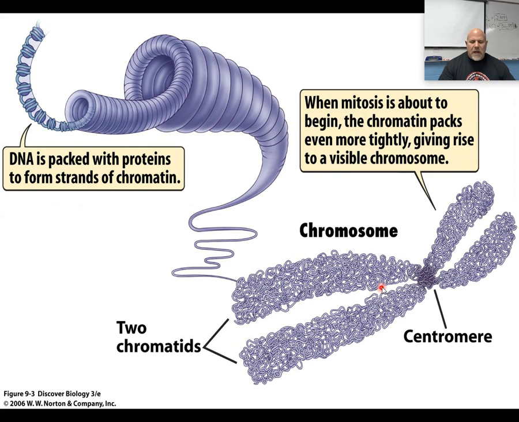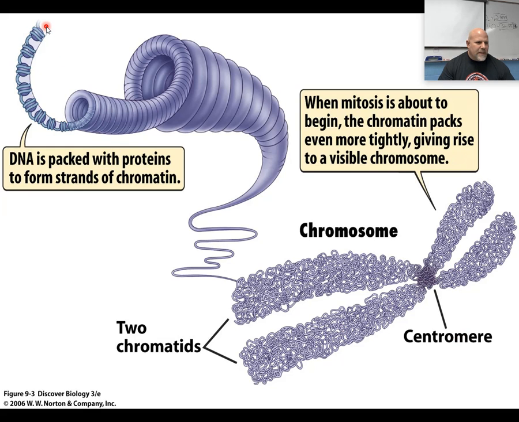You never see our DNA in the linear form unless it's taken with an electron microscope. You can see chromosomes, human chromosomes, when you are looking through a light microscope, but we are definitely seeing them in the condensed form.